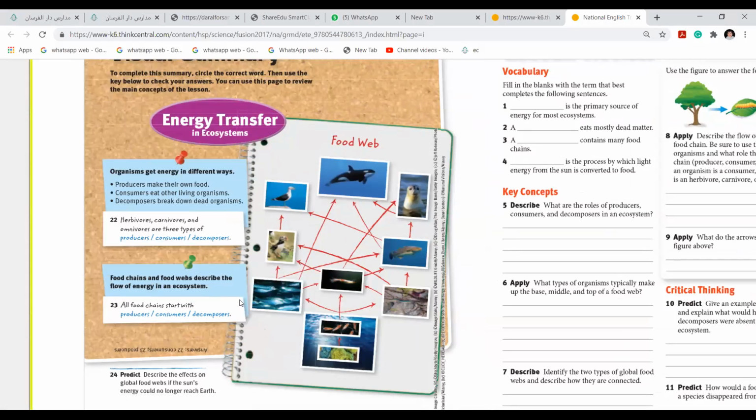This is all about food web. So did you understand? Herbivore, plant-eating animals. Carnivore, the one who consumes animals. And omnivore, those who consume both plants and animals.